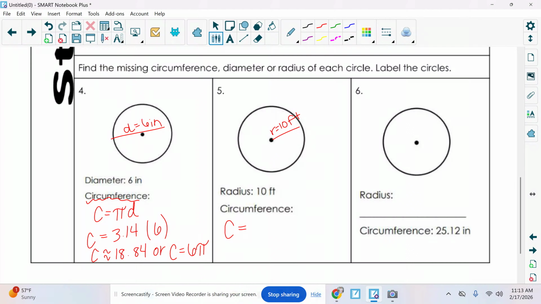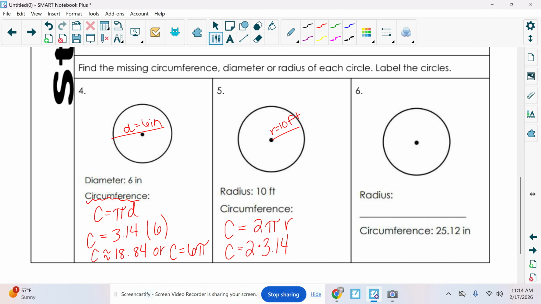You've got pi d or you've got 2 times pi r. Which one are you going to use? Do you have an r or do you have a d? You have an r, so you use the formula with the r. Replace it with the information that you know. You don't know the circumference. 2 is 2. Pi is 3.14.